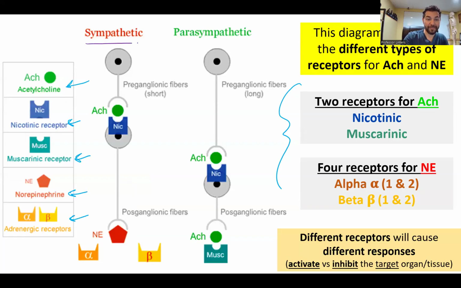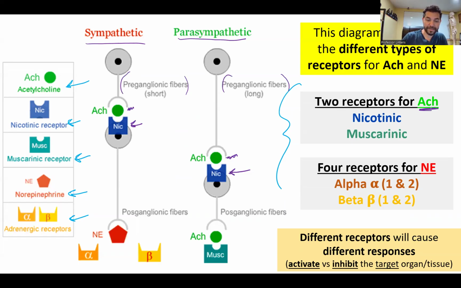Where we had our sympathetic, both of these are preganglionic, right? That sympathetic, we knew that we released ACH. The parasympathetic, we know that we released ACH. The only thing that we're adding to this picture is that both of these are nicotinic ACH receptors at that preganglionic synapse, right?